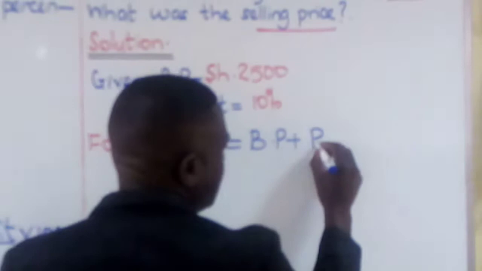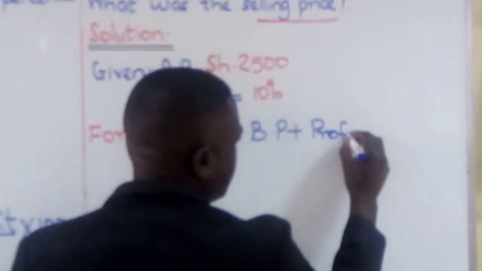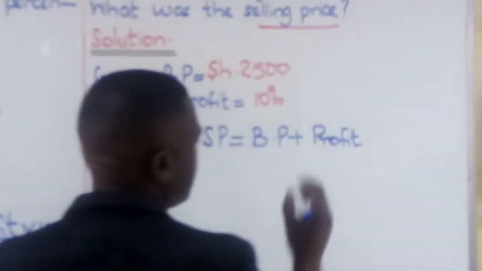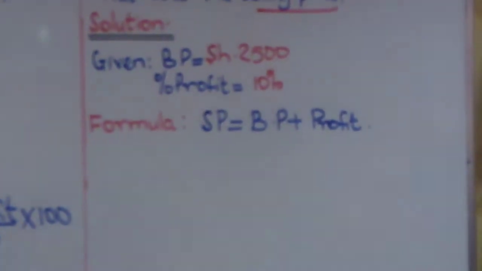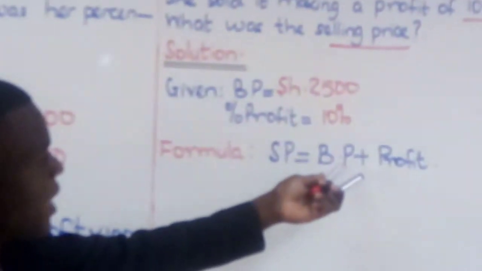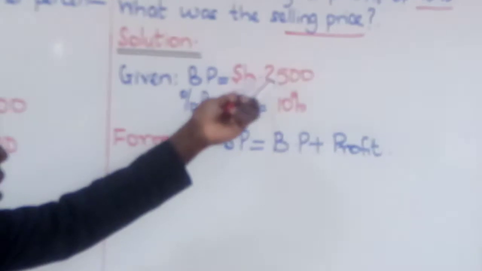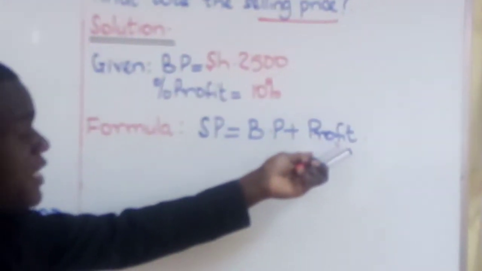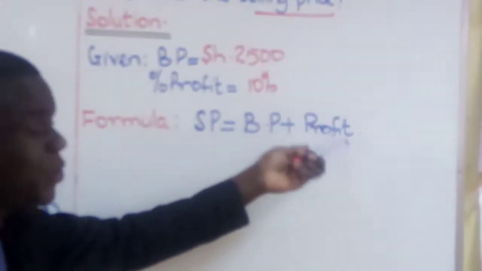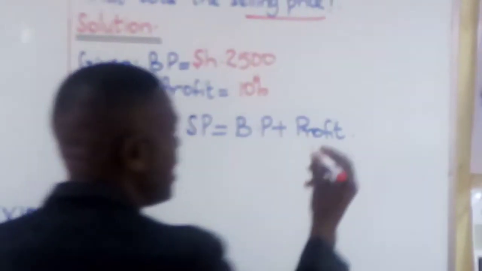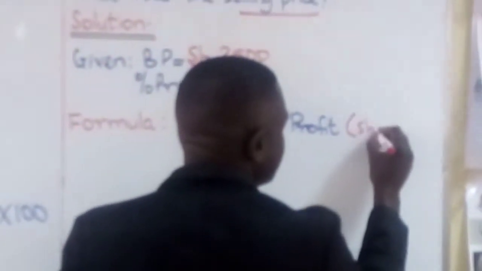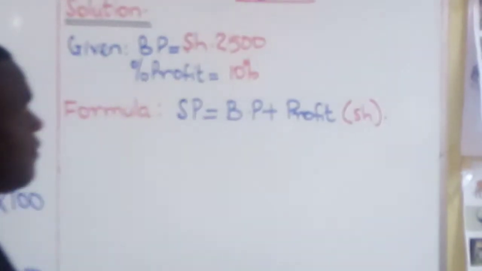Allow me to complete the word profit so that you don't get confused. Then the formula requires us to have the buying price, which we have, and the profit in shillings, which we don't have.